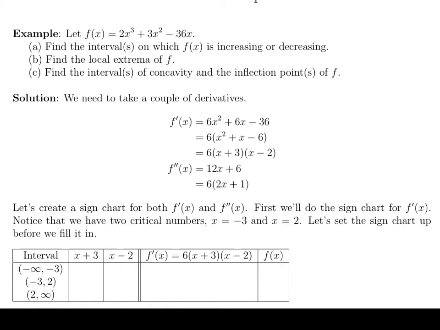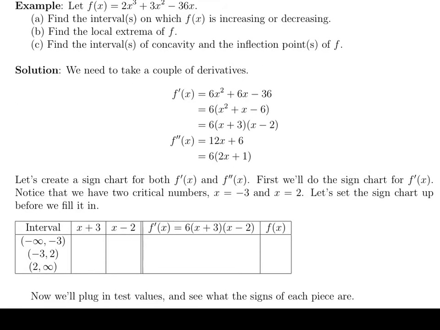So we're going from negative infinity to negative 3, then negative 3 to 2, then 2 to infinity. And now, just as we had done before, we're going to figure out pluses and minuses for the individual pieces. So what we'll do is plug in some test values and then see what the sign of each piece is.